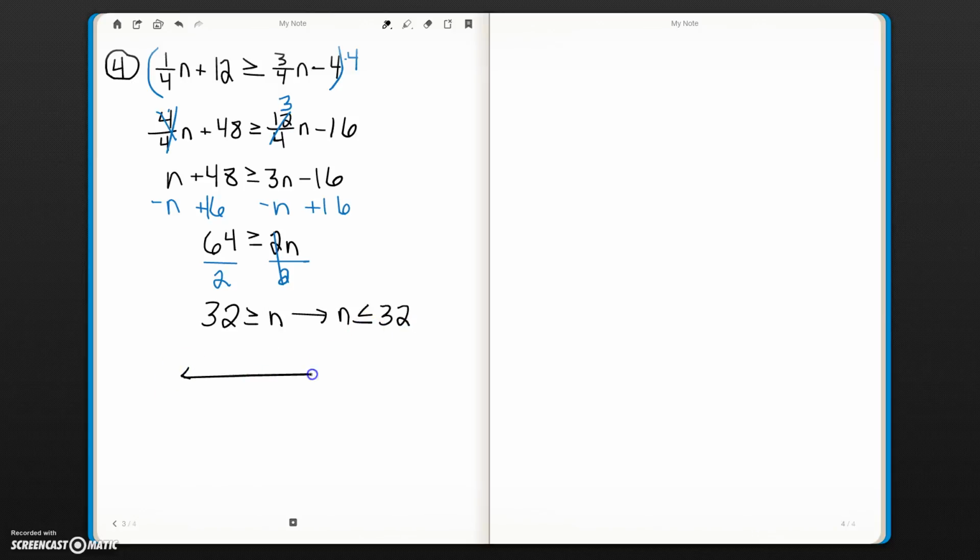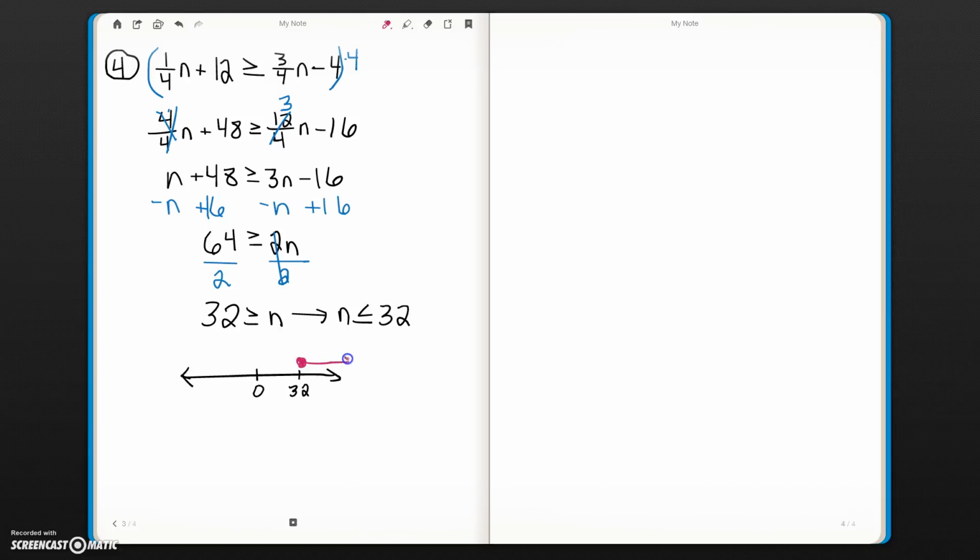Okay, so then we got to graph it. So we get our number line here. Got a 0, and put 32 somewhere over here. Okay. And then, because it's less than or equal to, we're going to have a closed circle at 32. Okay.